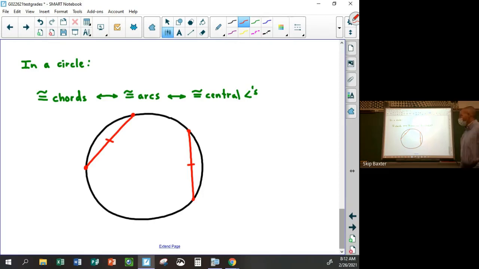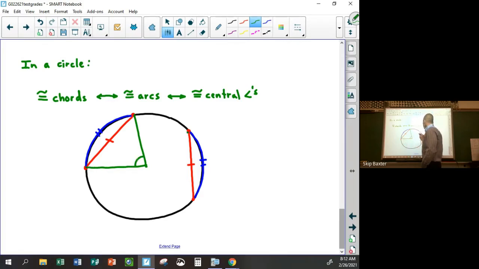So what this is saying is, if you have this situation, then the arcs that connect those 2 points are also the same measure. That makes sense. It seems like it should be true, right? Definitely true. And then in addition to that, if you draw angles from the center like this, that angle has the same measure as that angle. And of course, that's true if the arcs are the same, right? Because the measure of the central angle equals the measure of the arcs. So this is kind of a basic fact that definitely looks like it should be true, and it's definitely true.